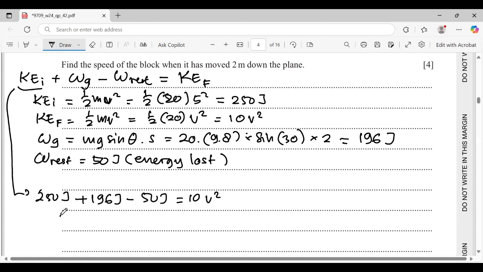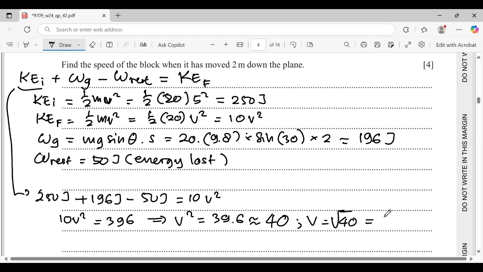If you calculate, 10 v squared equals 396. So v squared equals 39.6, or about 40. So v equals square root of 40. It is 6.32 meters per second.